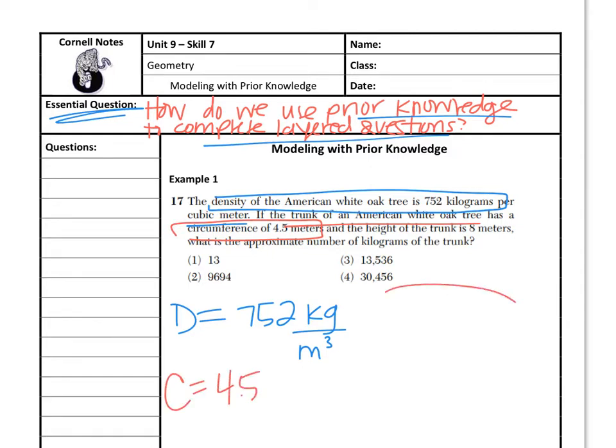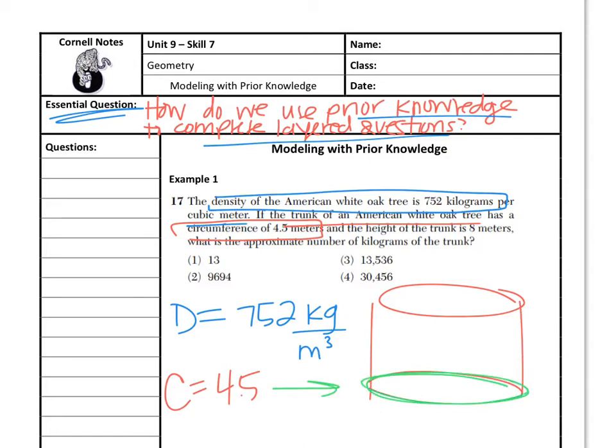If you recall, circumference is essentially the perimeter of the circle. The height of this tree trunk is 8 meters. What's the approximate number of kilograms of this trunk?